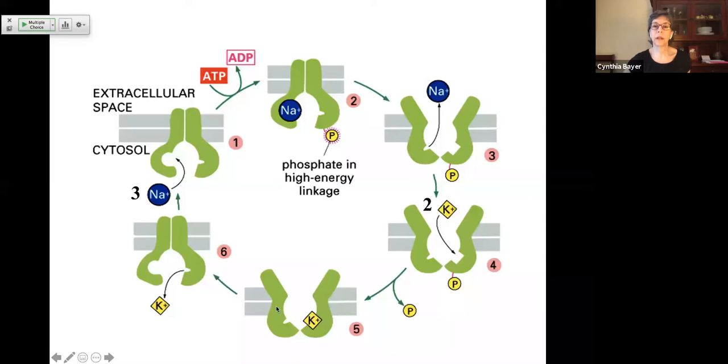This cycle of this pump requiring the availability of ATP to help drive this cycle will result in pumping 3 sodium ions out of the cell for every 2 potassium ions it pumps into the cell. That's why we call this active transport, requires energy, and it is pumping, it's moving these ions against their concentration gradient.